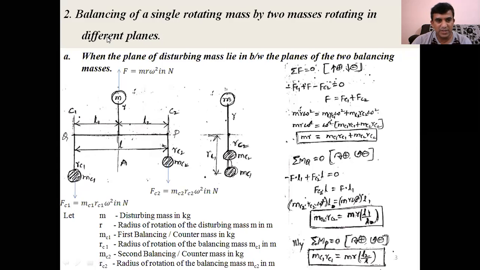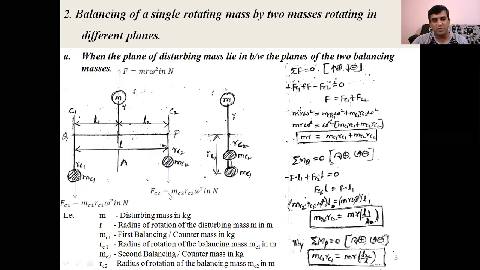Now when the shaft rotates with a uniform angular velocity, the disturbed mass produces centrifugal force, F equal to m r omega square. It acts radially outward, in the upward direction. At the same time, counter mass 1 also produces a counter centrifugal force Fc1 equal to mc1 rc1 omega square that acts downward.